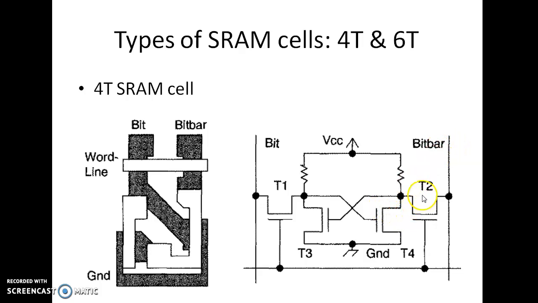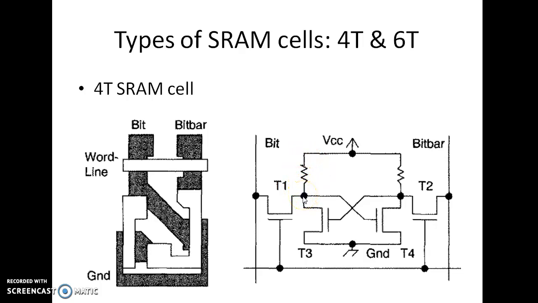Another concept is that the RAM cell will produce complemented outputs, because if this is 0 and you give 0 to this, what is this output? This is off, so complete VCC is given at this node, with some voltage.